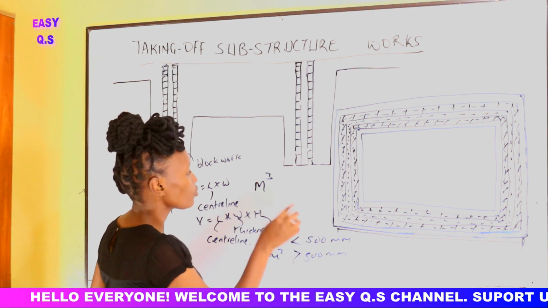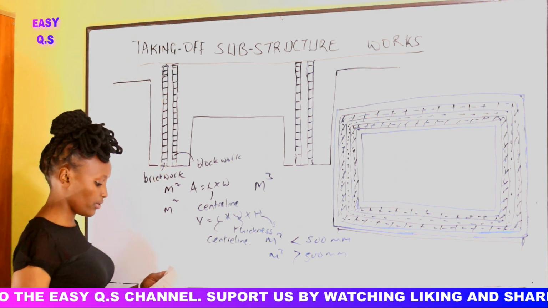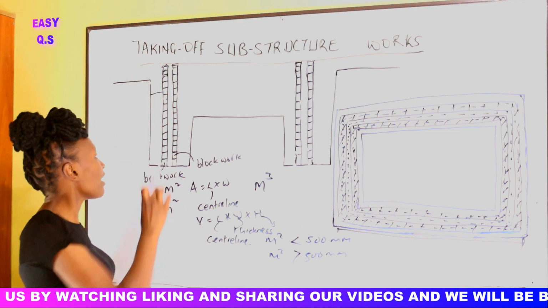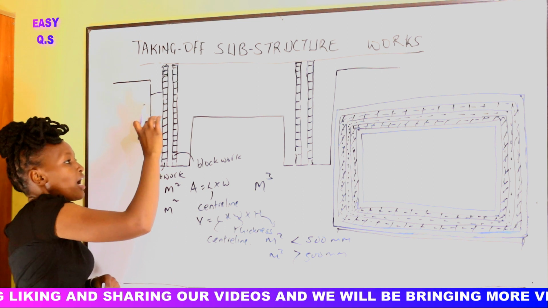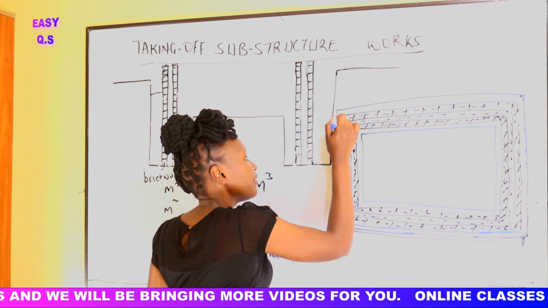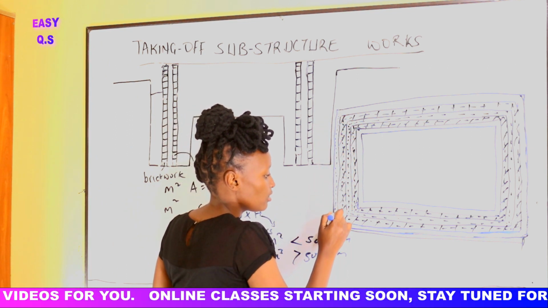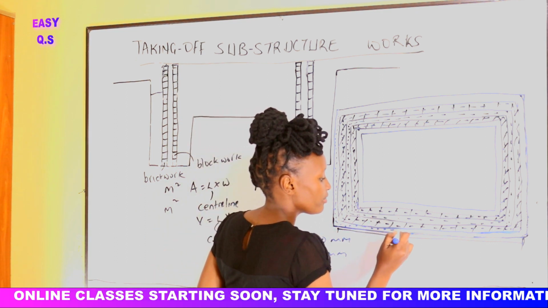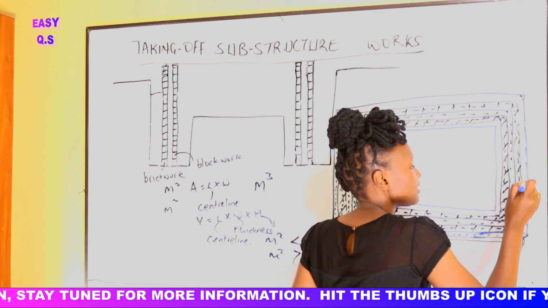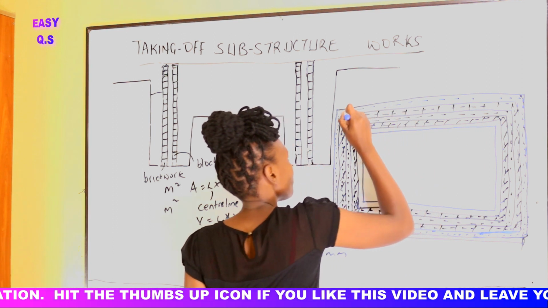So let's see how we do it. To fill the soil, this outside here with soil, up to where should we fill it? We should fill it up to a level here. So to fill here, this volume of soil all around the building, how do we calculate it? We shall take the center line of this external trench here, this center line of this foundation spread on the outside. So we should find the center line of this one.